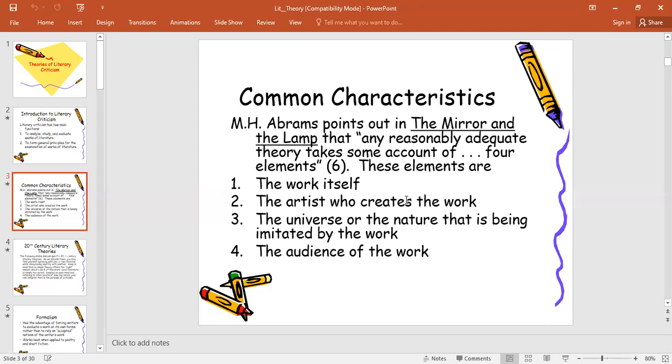And number four is the audience of the work. So, the audience and the surroundings are the circumstances, the artist himself, and the work of art. These are the four pillars on which the theory of literary criticism is based.